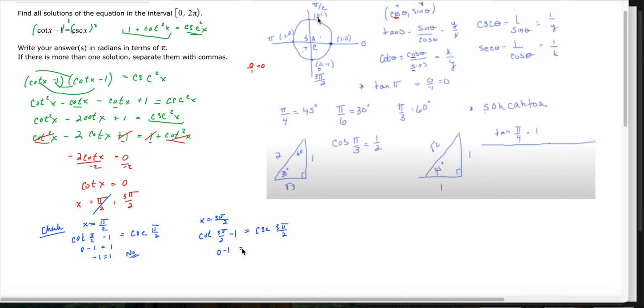Minus 1 is equal to cosecant. Again, we're thinking about 3 pi over 2 down here. Cosecant is 1 over sine, so that would be 1 over negative 1, or negative 1. And so this one is going to work. So I actually just have one solution, and that is 3 pi over 2.